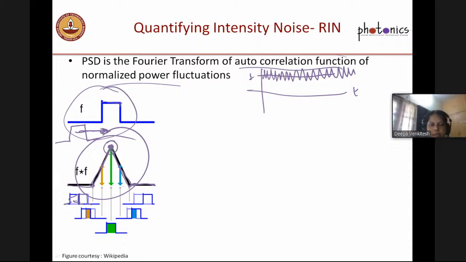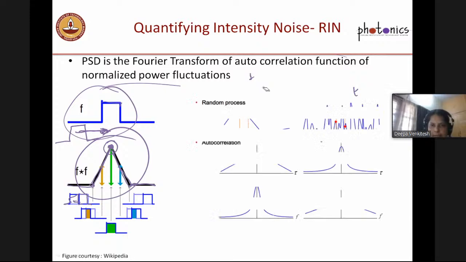Think about it. My question is, if my laser is poorly correlated, would my autocorrelation be narrow or wide? And would my power spectral density be narrow or wide?